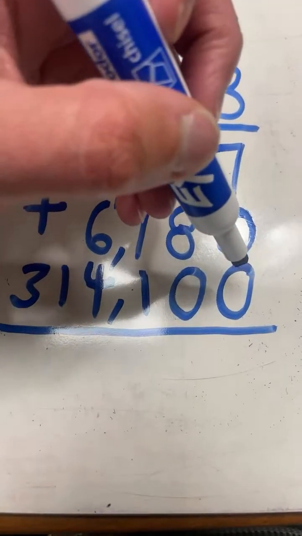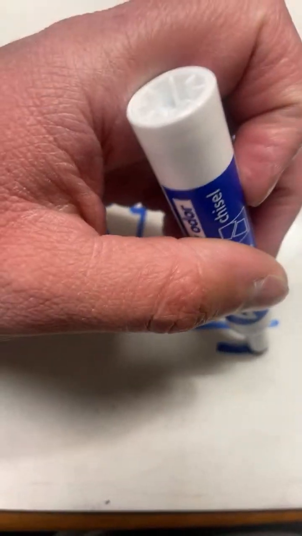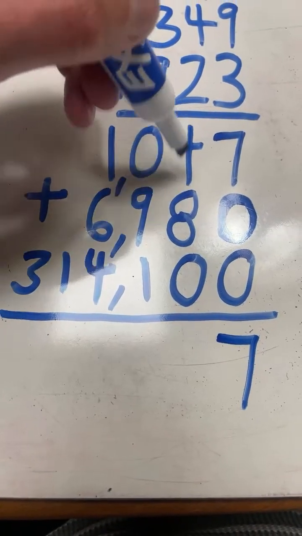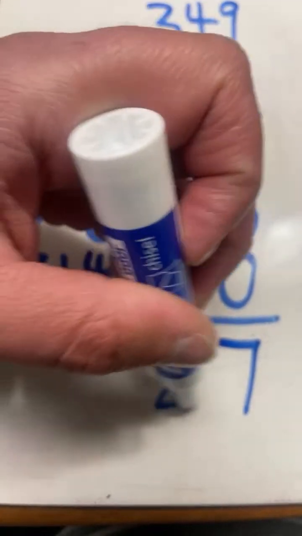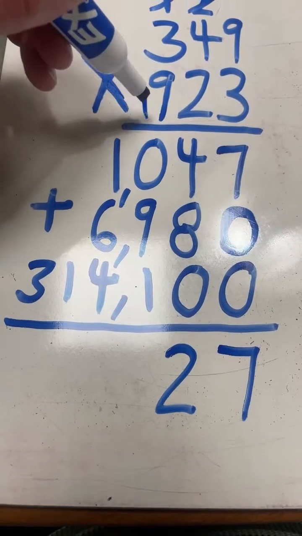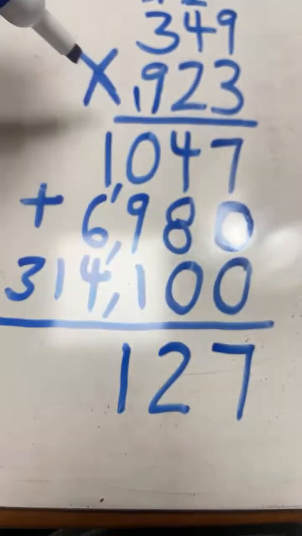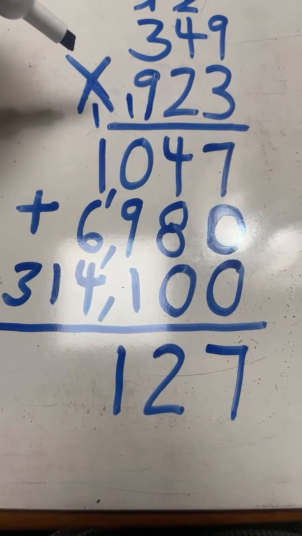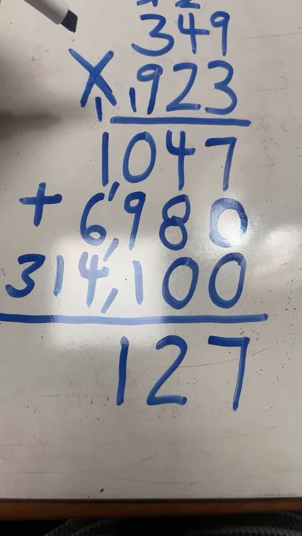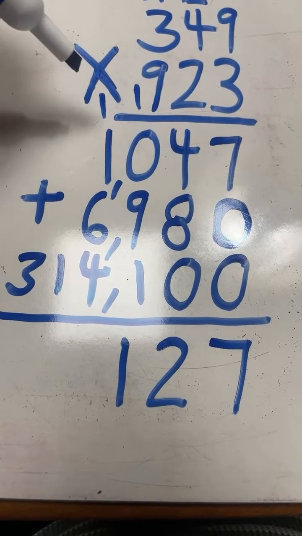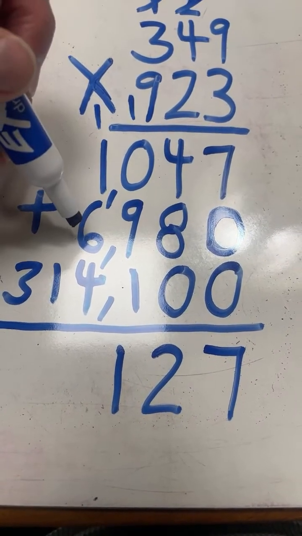7 plus 0 equals 7. 4 plus 8 plus 0 equals 12. 2 carry the 1. 1 plus 0, that's 1. Plus 9 is 10. Plus 1 is 11. 1, carry the 1. 1 plus 1 equals 2. Plus 6 equals 8.